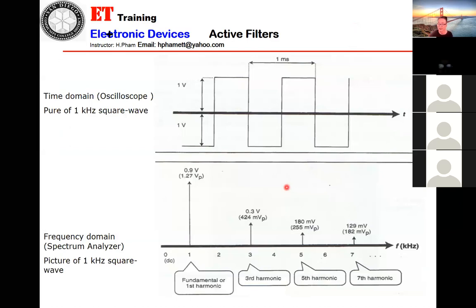Now you see in here, they display a square wave on the oscilloscope. 1 volt means 2 volt peak to peak, and frequency 1K. This is the time domain, T. The other one is the frequency domain, F. It will be displayed on the spectrum analyzer. A spectrum analyzer for a 1K square wave: this is the fundamental, 1K here.